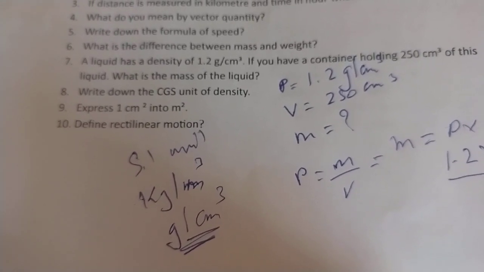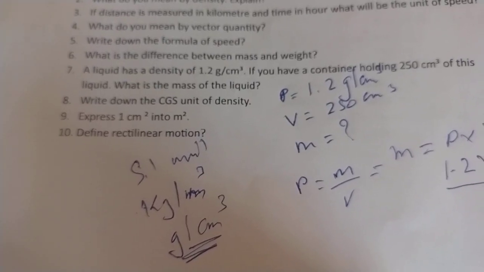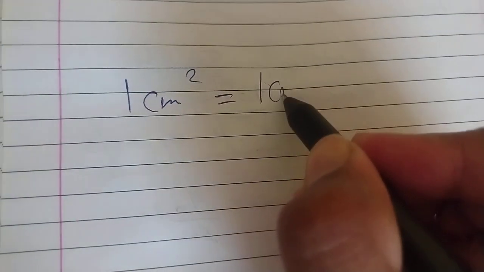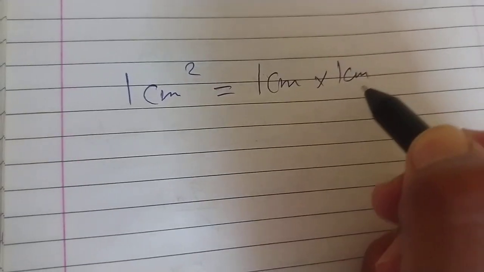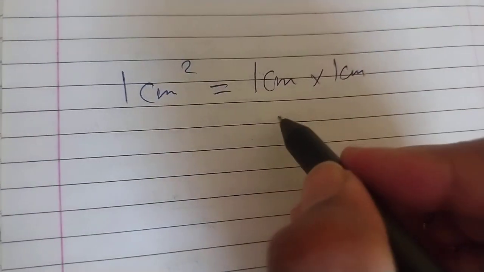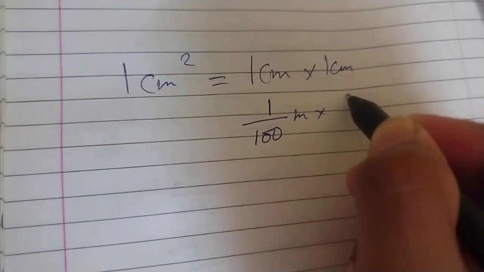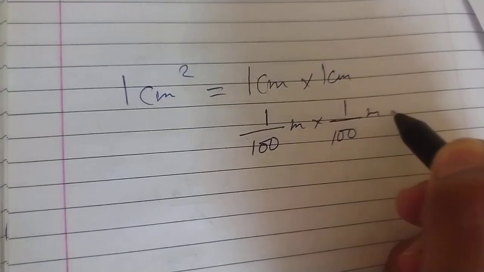The next we have, that is express 1 centimeter square into meter square. For this we need to understand that there is an expression which is used to express this, that is 1 centimeter square, which can also be written as 1 centimeter into 1 centimeter. And if we have to convert this into meter square, we have to convert 1 upon 100 meter into 1 upon 100 meter.